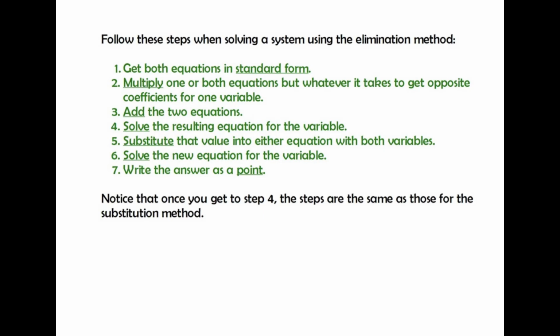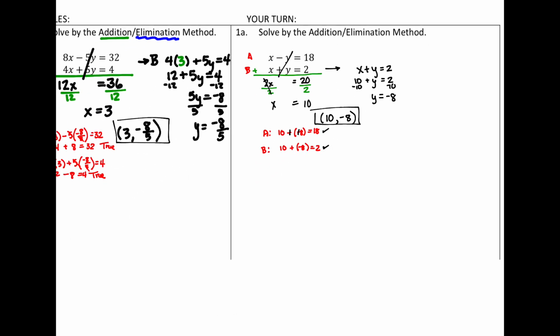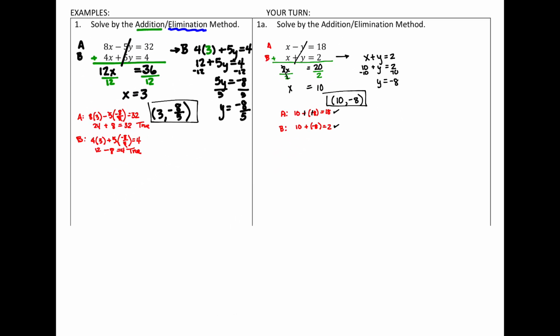Okay, so step 2 says multiply one or both equations by whatever it takes to get opposite coefficients for one variable. Bleh, right? Okay, so on this particular one here, opposite coefficients for one variable is exactly what we had right here. The variable was y, coefficients were negative 5, positive 5.